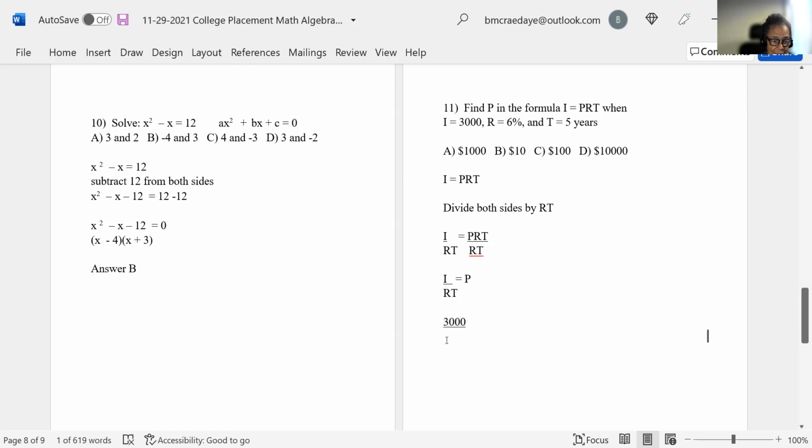R will be 6%. How would I express that? 0.06. That's it. And what is T? 5 years. That's right. And that would be equal to our P.